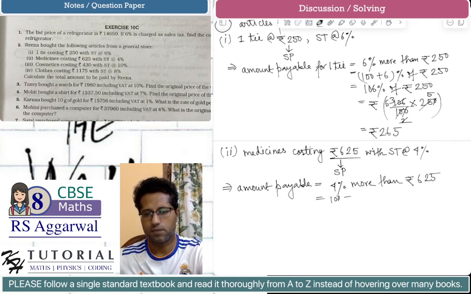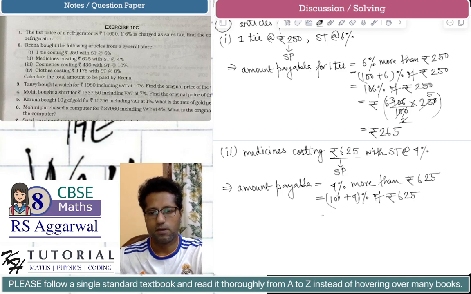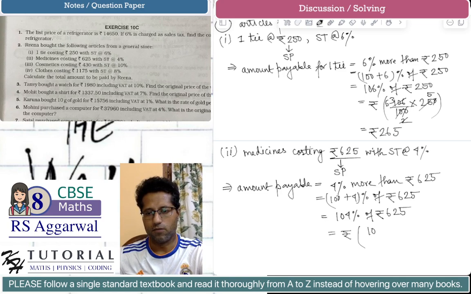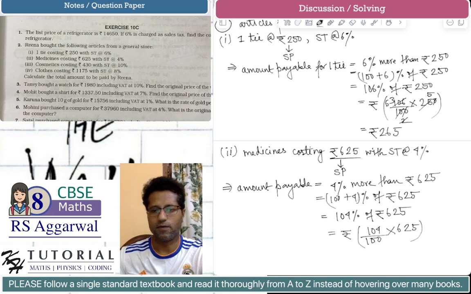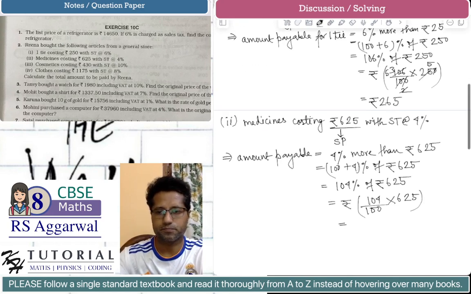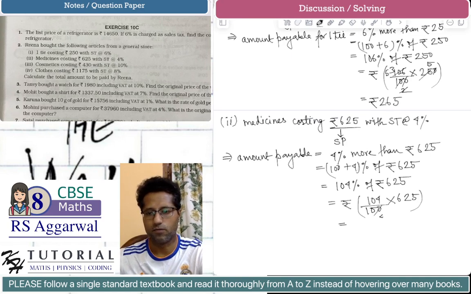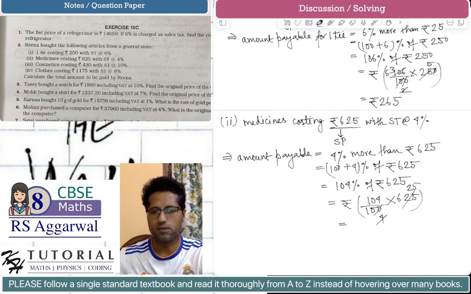This is equal to 100 plus 4% of rupees 625. This is equal to 104% of rupees 625. This is equal to rupees 104 divided by 100 multiplied by 625. 25 divides 100 with 4, 25 divides 625 with 25, 4 divides 104 with 26.